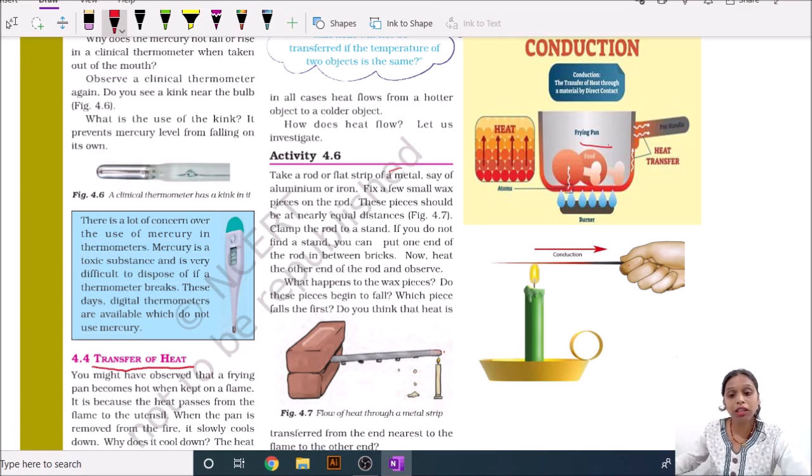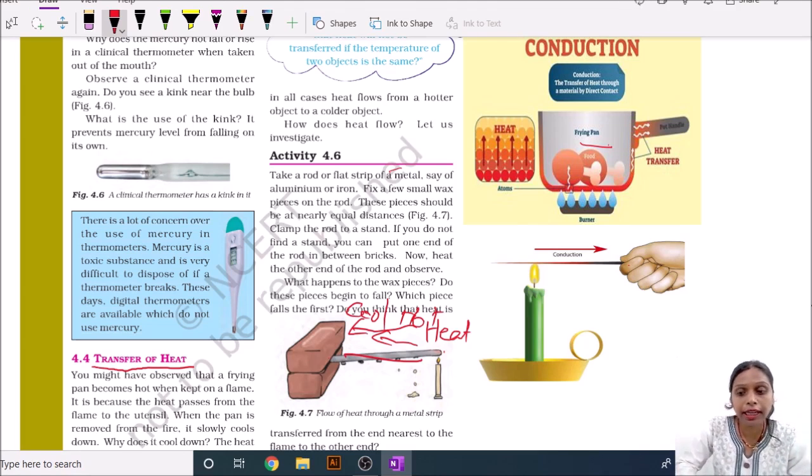You will feel that the first wax, which is nearer to the candle, melts, and this process goes on continuously. It shows that heat goes from hot to cold, and this process is called conduction.